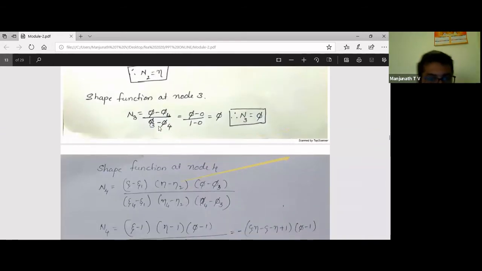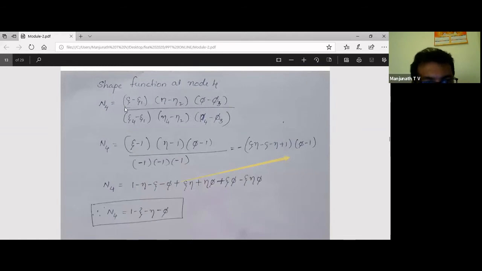As you take the shape function at node number 3, the equation becomes like this, where k is equal to 3 and I is equal to 4. Just substitute the values of psi: at node number 4 the value of psi is 0, and at node number 3 the value of psi is equal to 1. So again you get N3 equal to psi.